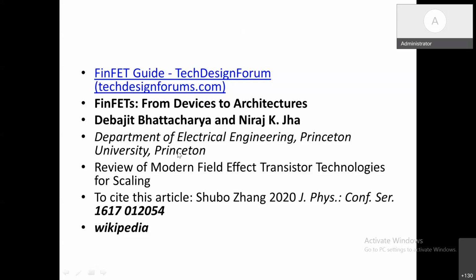I think it is from the year 2014, and most of my recent content is from this paper, Review of Modern Field Effect Transistor Technologies for Scaling. This is the article by Shubhoj Jang, in the year 2020, Journal of Physics, and some material from Wikipedia.